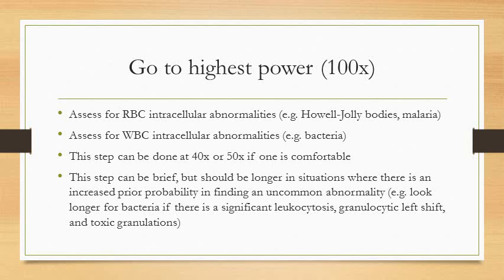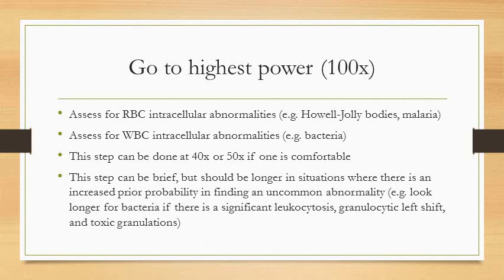And then finally, you're working your way up to 100x, and you can assess for RBC intracellular abnormalities like Howell-Jolly bodies, malaria. Assess for white blood cell intracellular abnormalities like bacteria. This step can be done at 40 or 50x if you're comfortable with it, but otherwise you can do it at 100.